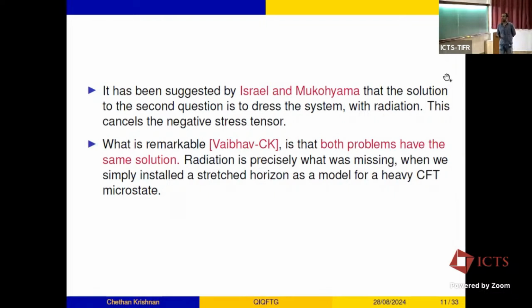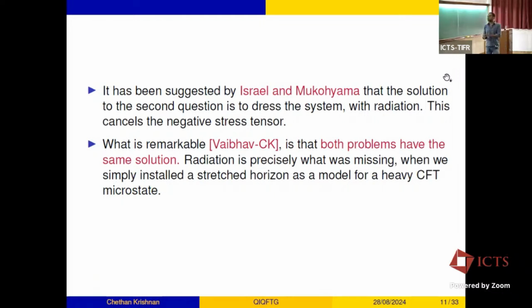The idea is basically that if you dress the system with radiation, it essentially cancels this negative stress tensor. At least that's a viable model, and they do some heuristic calculations in their paper which show that, at least, these things seem to cancel. So this is the kind of calculation that they do.